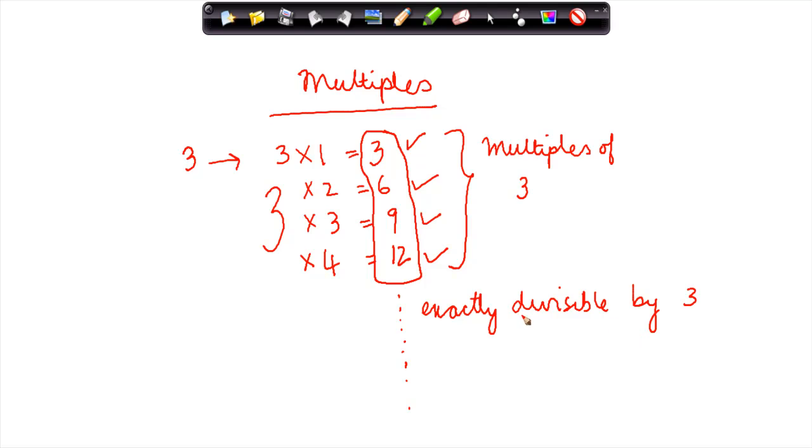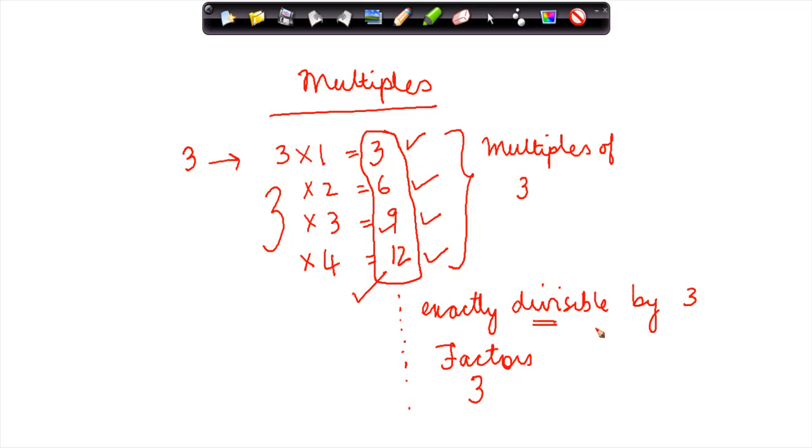So does this sound familiar? Yes, of course it does, because what we discussed a short while ago was about factors. So 3 is going to be a factor of all these numbers, because these numbers are multiples of 3. So there's a relationship insofar as multiples and factors are concerned.